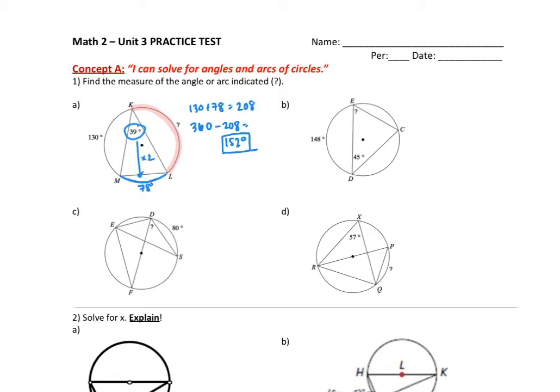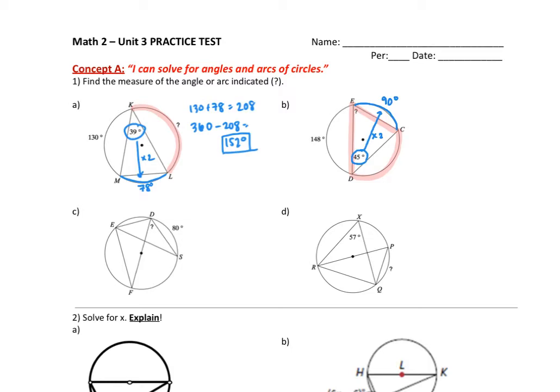All right, in B, we're solving for this angle. Anytime we're solving for an angle, we check and see if we have the arc, which I don't. However, I can use this other information. I'm going to do something similar to what I did on the previous one. I have this angle. If I multiply it by 2, I can get the arc. So 45 times 2 is 90 degrees.